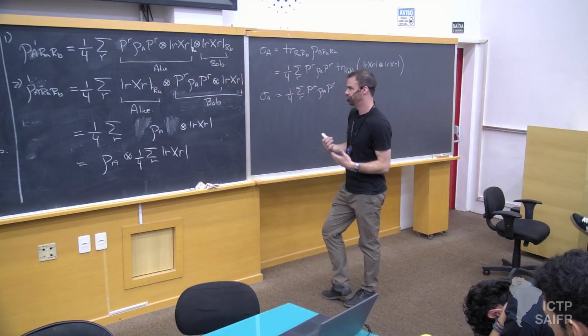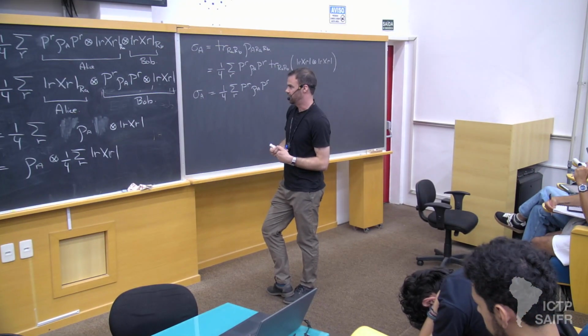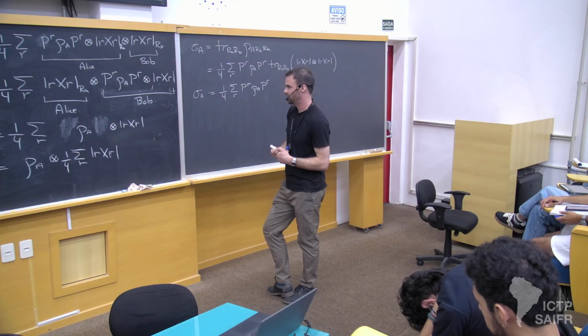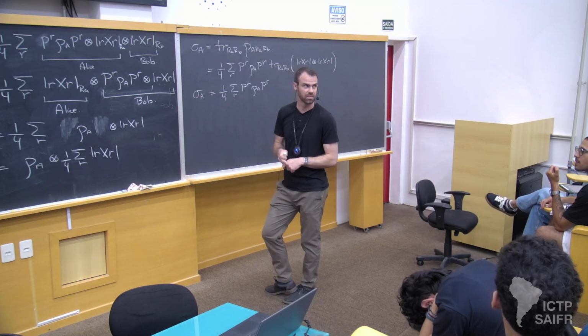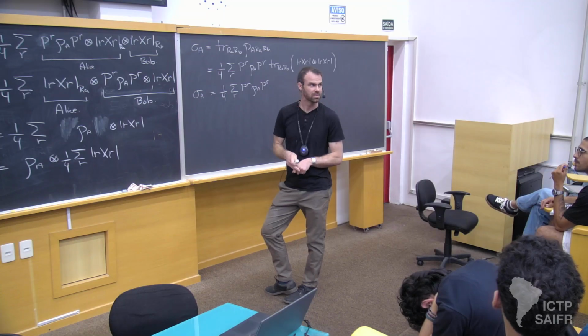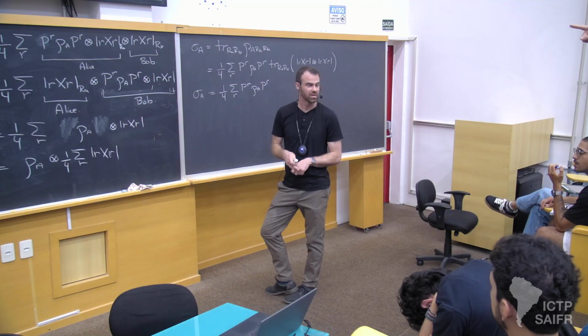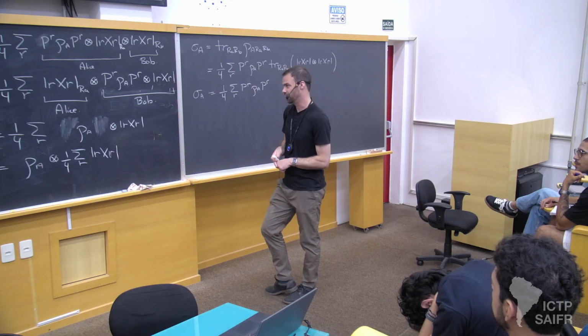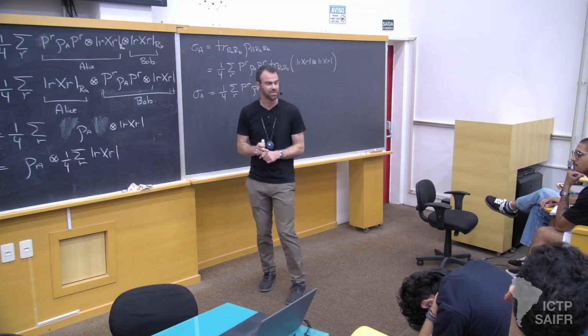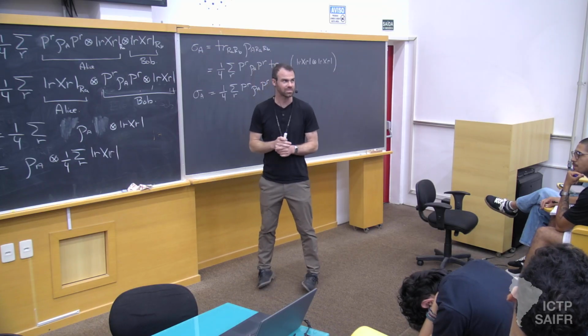Putting a sum is like imagining you are repeating the experiment many times. Sometimes Alice is in R equals 0, sometimes Alice is in R equals 1. But Alice really doesn't see a sum. That's why you always put the bracket inside the sum. Putting a sum is like saying Eve has no idea what R was measured.